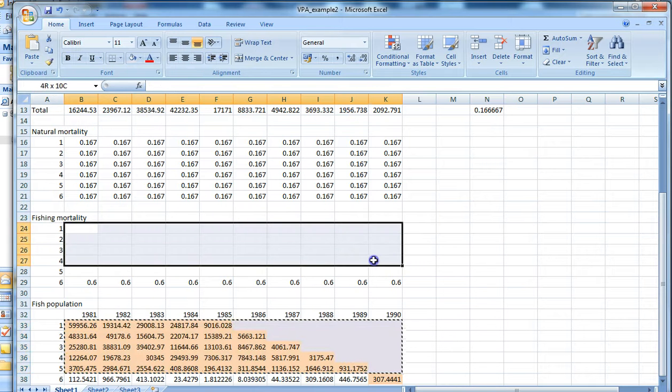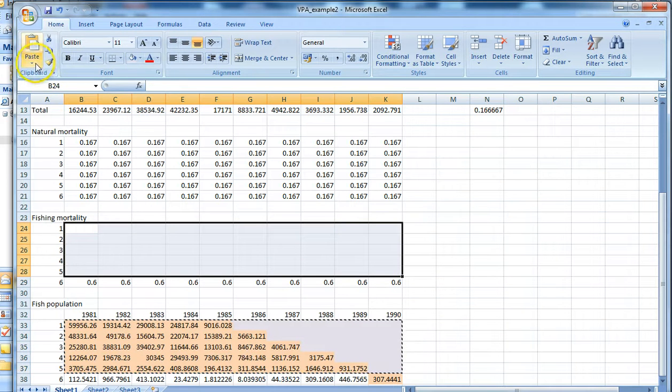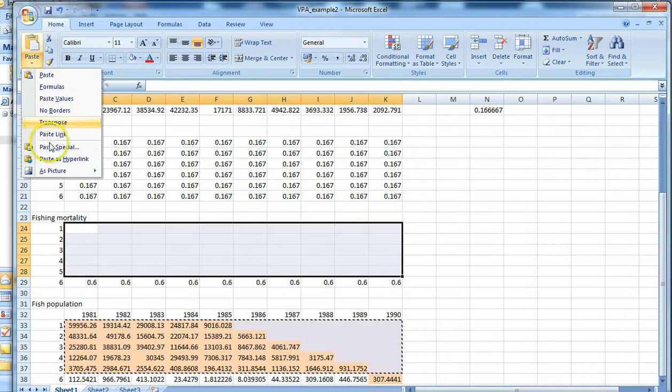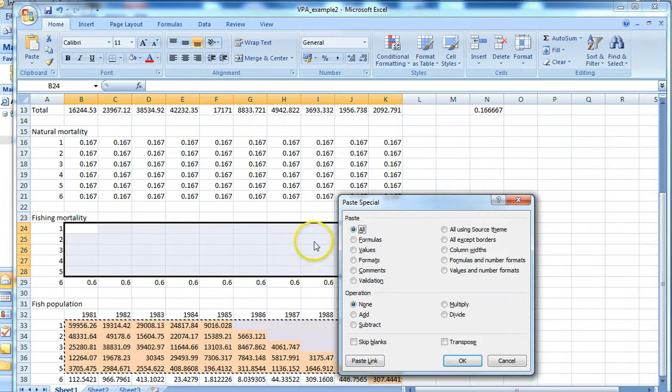It just makes life a bit easier if I can see what I'm doing there. Paste. So you paste special. I don't think I can. That's a shame. Rubbish program. Bet you can do it in R.